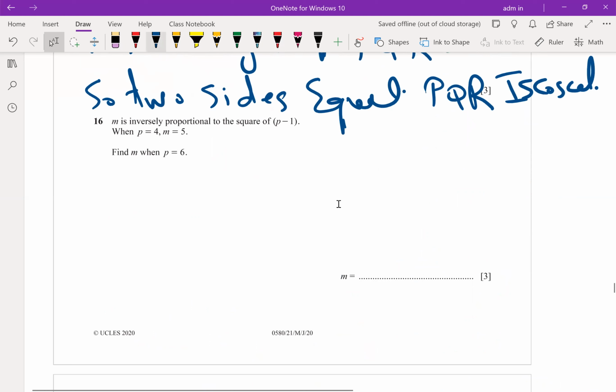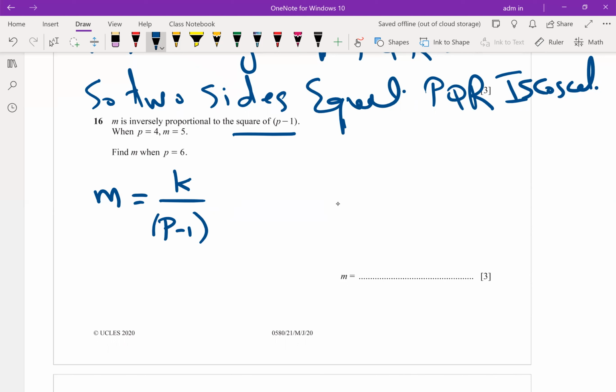M is inversely proportional. When directly proportional, it is written as K times. Inversely will be K over, K divided by what? The square of P minus 1. How can I write this expression? K divided by (P minus 1) the whole squared. Clear? How to get the value of K?